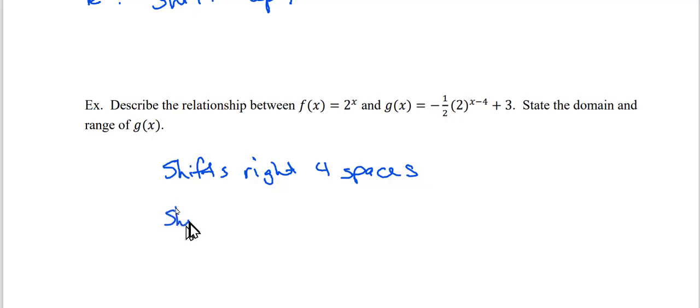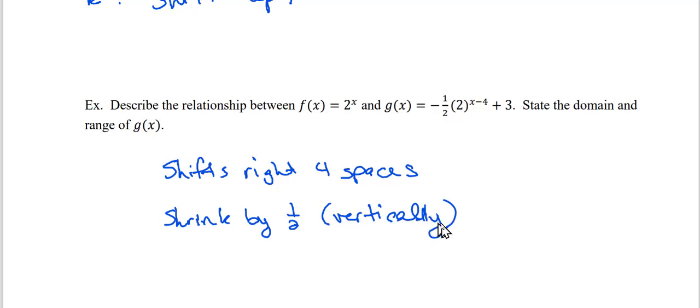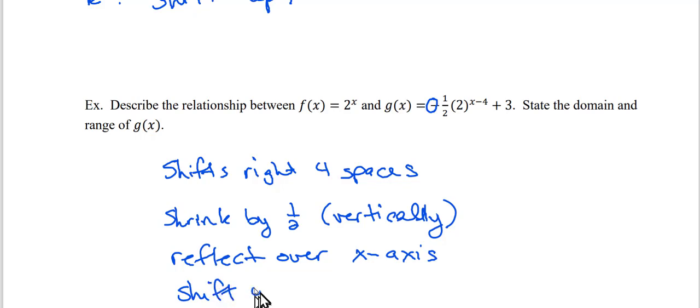Then we shrink by 1/2, that's vertically. That's changing the y coordinates by 1/2, dividing them by 2, multiplying by 1/2. Then reflect over the x-axis from the negative, and then shift up 3. That's that last one here.